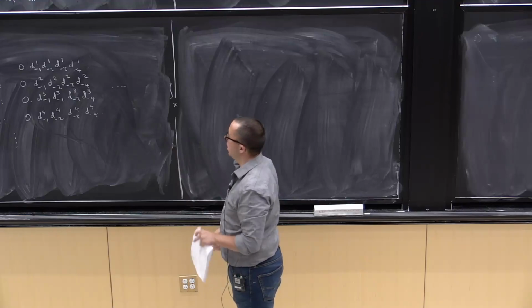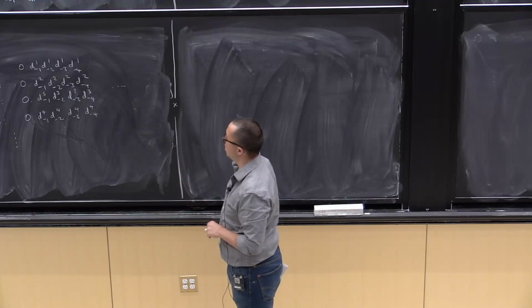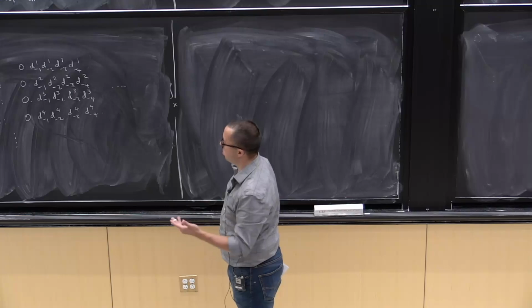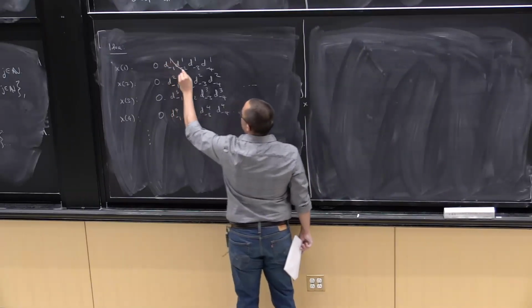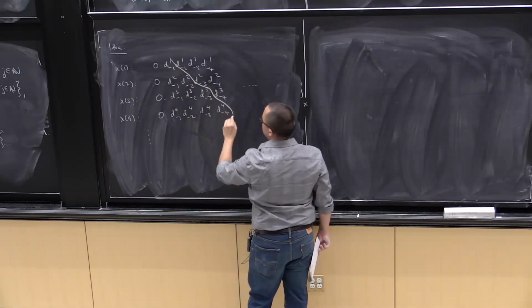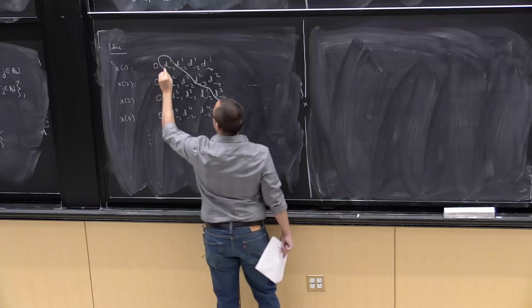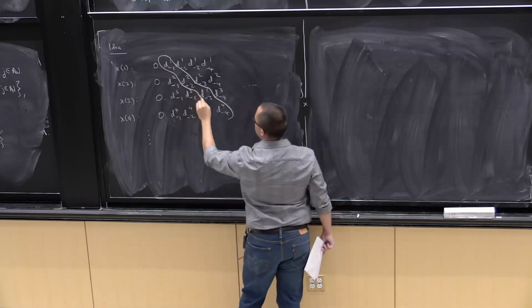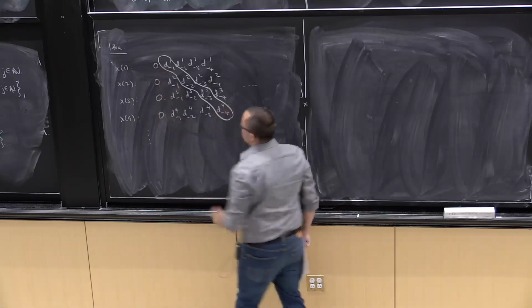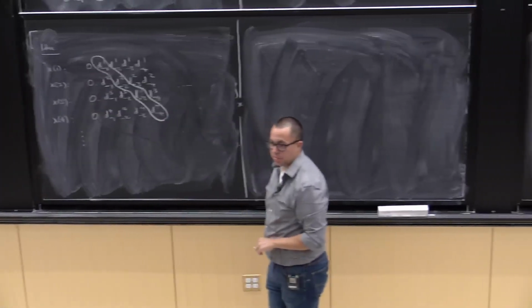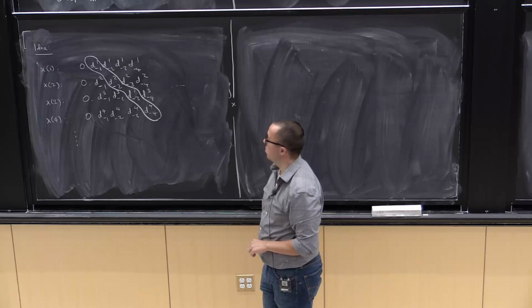So the idea to come up with a real number between 0 and 1 that is not in this list is we go down the diagonal of the decimal expansions, and we change each decimal to something else than what it is.